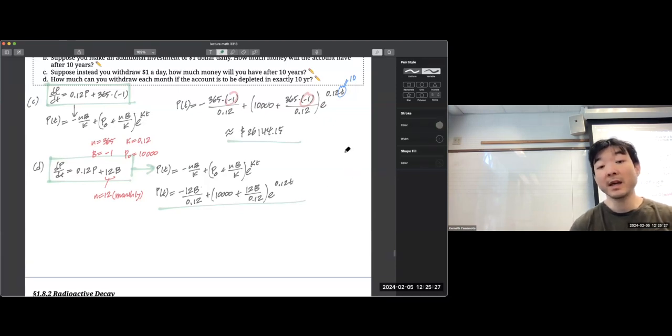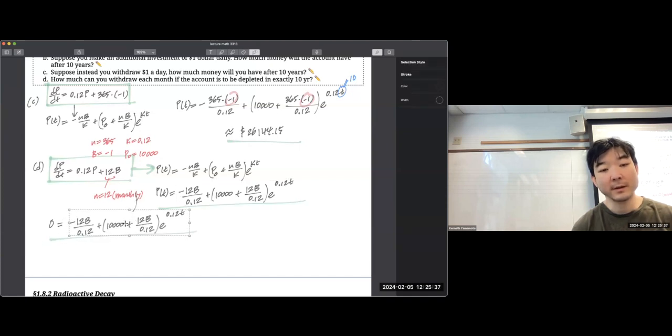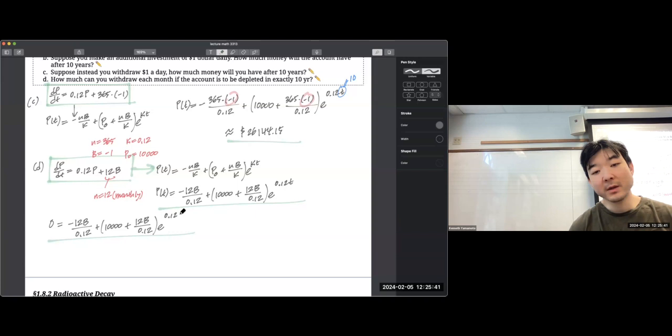So you plug in P equals 0, and t has to equal 10. If you look at this equation, there's only one unknown. e is not a variable. The only unknown is this capital B.